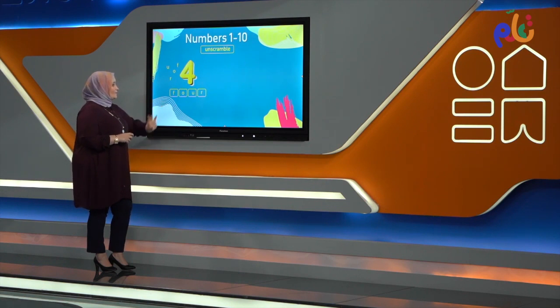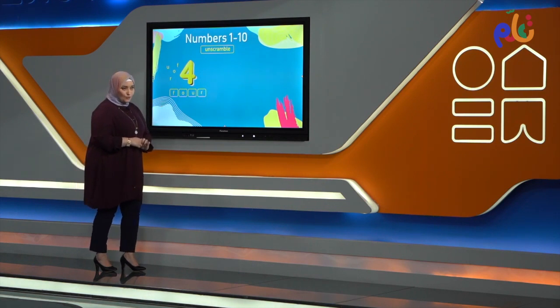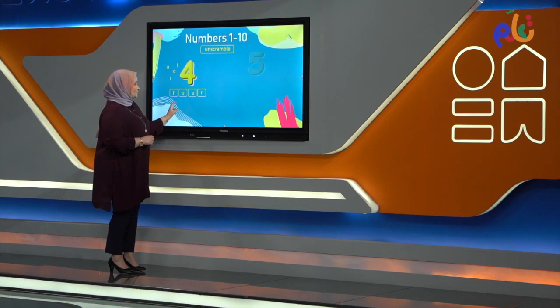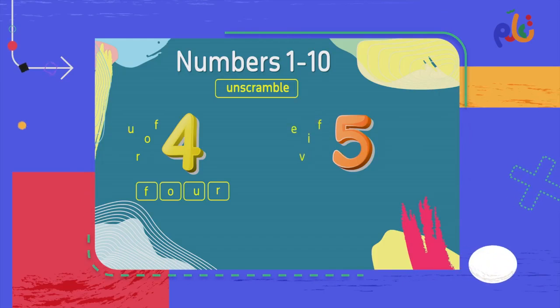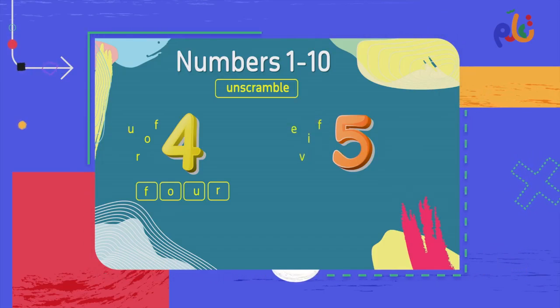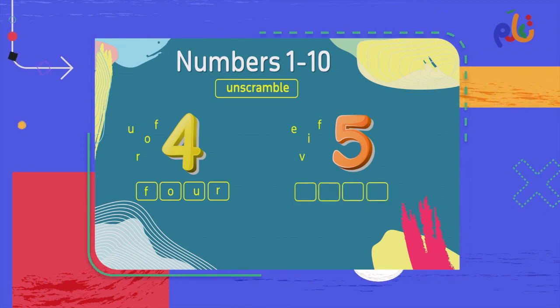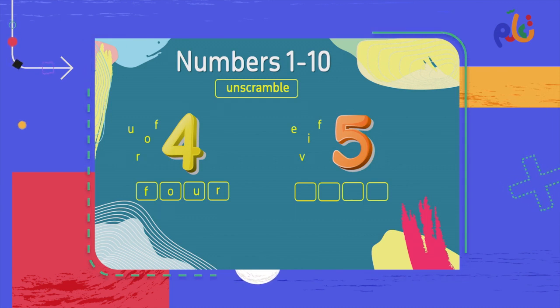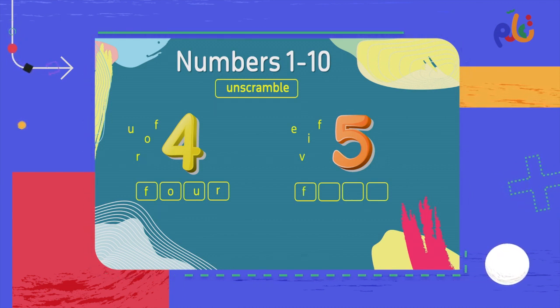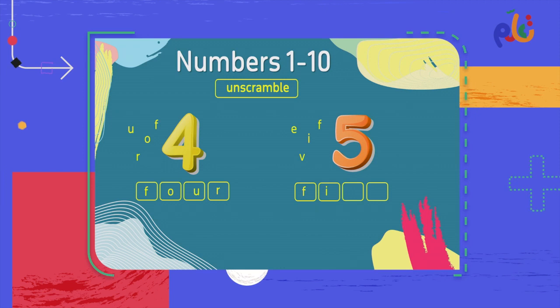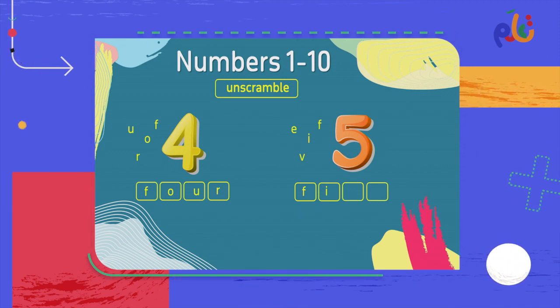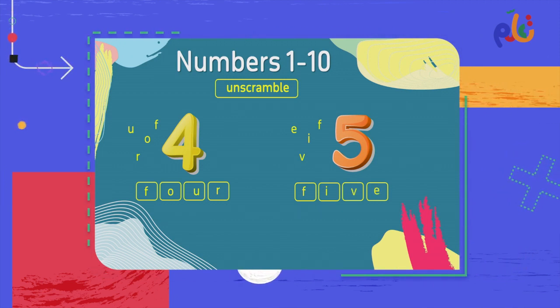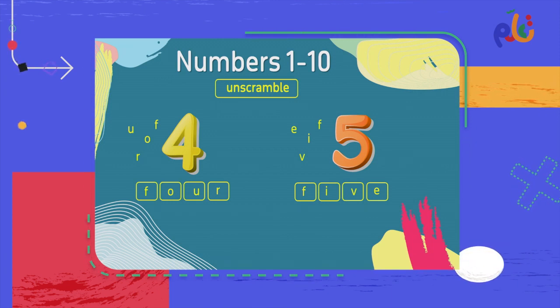4. Perfect. F-O-U-R. 4. Over here we have number 5 and we have our empty boxes. Let's put it in its correct order. تعالوا نحطها في الترتيب الصحيح بتاعتها. بنبدأ ب F, I, not E, V, E, our magic E in the end.